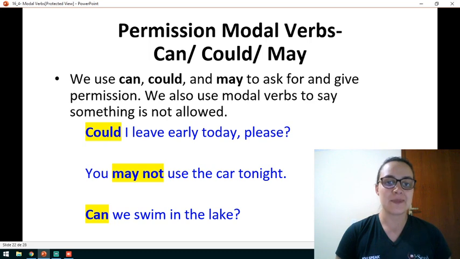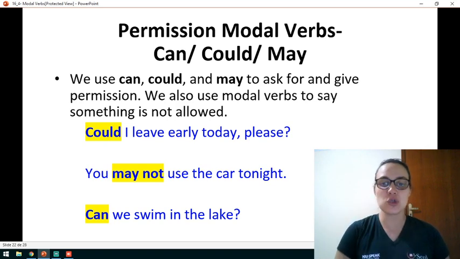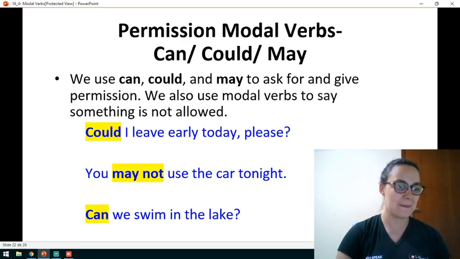For example, could I leave early today, please? Or I can say, you may not use the car tonight. So it's not allowed. You may not. Or I can ask, can we swim in the lake?